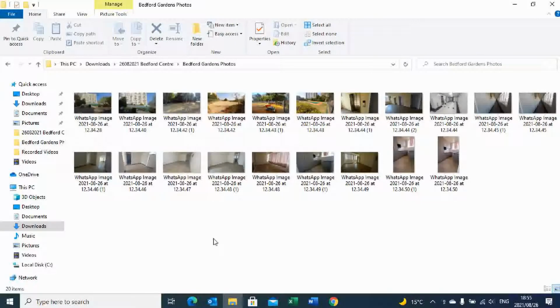Okay, this is a rental valuation. Someone asks you to rent a property for them. So you go to the place and start taking photos.